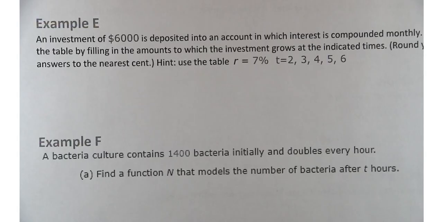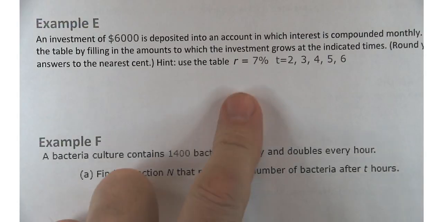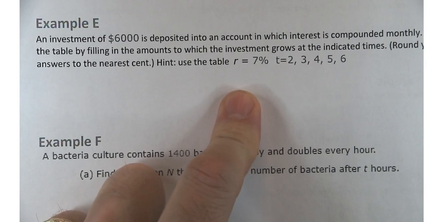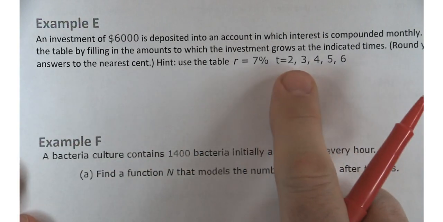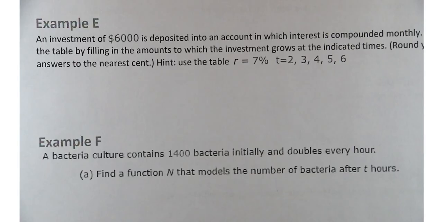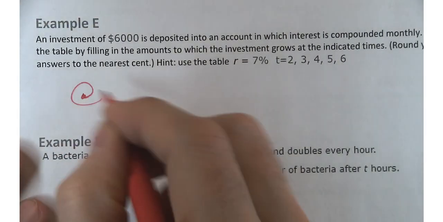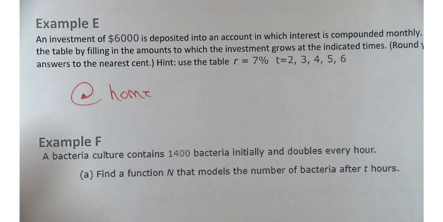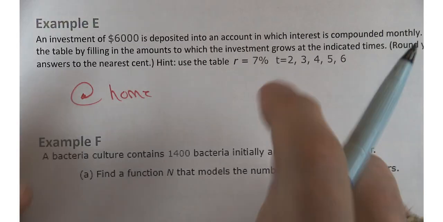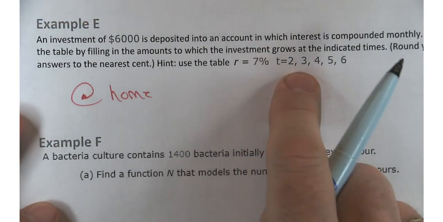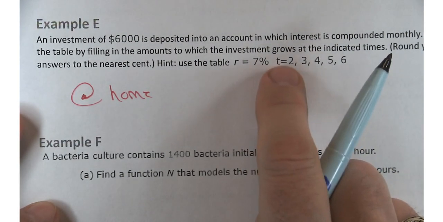One of the problems you might see at home would be to calculate compound interest with different time periods, 2, 3, 4, 5, 6 years. What I would suggest you do at home is put this into your calculator this way. You put it in as a function of t, but instead of a t, you're going to use an x.